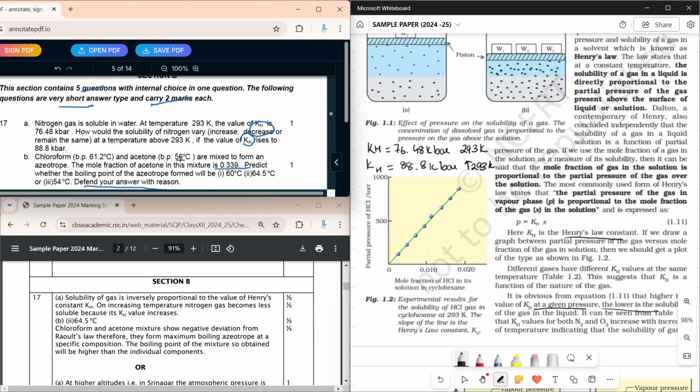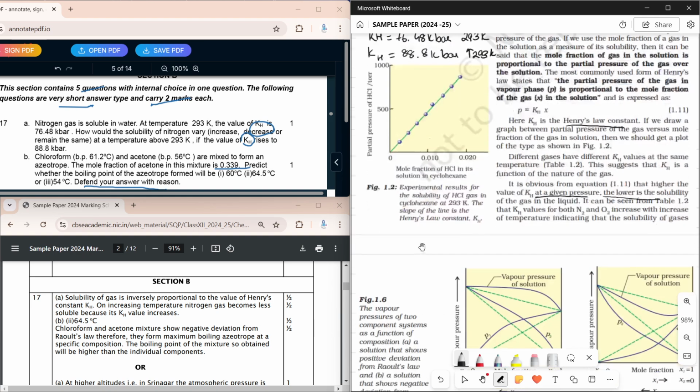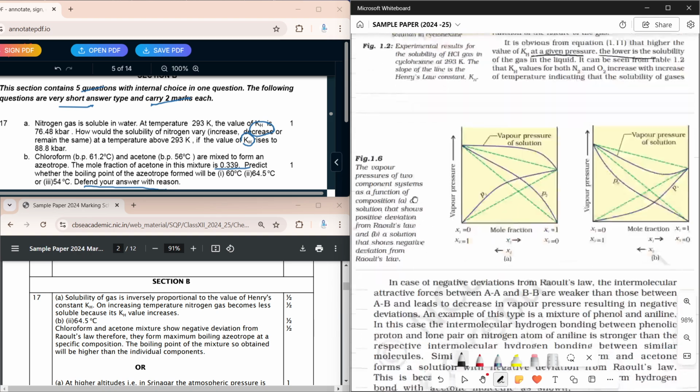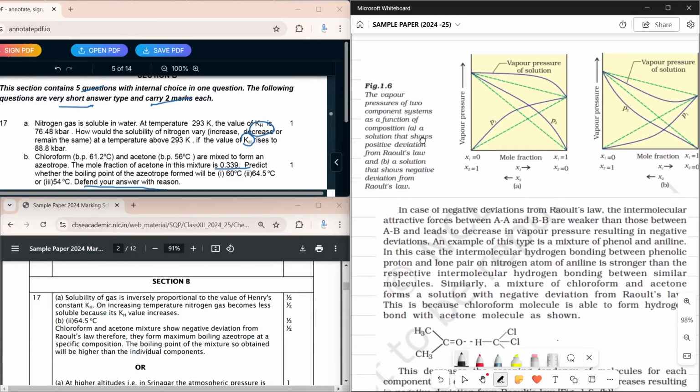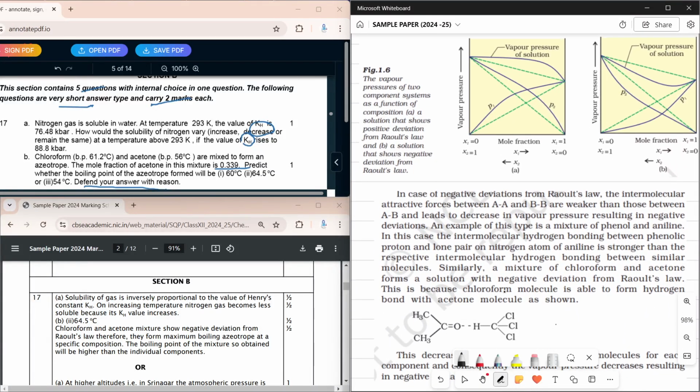Now, from the word azeotrope, this is also from the chapter solutions, specifically from the topic of non-ideal solutions. Under non-ideal solutions, we learnt about 2 deviations from Raoult's law: a positive deviation and a negative deviation. Chloroform and acetone, this particular mixture, undergoes a negative deviation from Raoult's law.